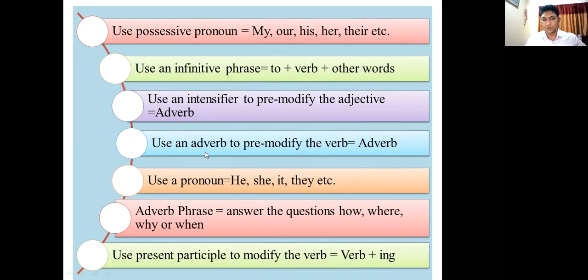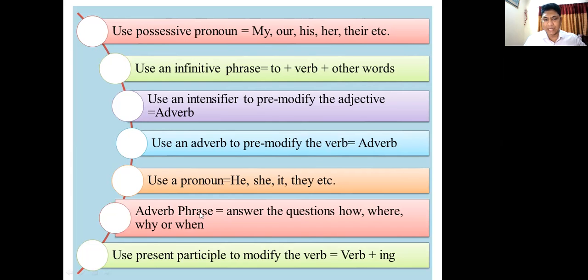If you are asked to use an adverb, in such cases, you have to use adverb. If you are asked to use a pronoun, you have to use appropriate pronoun according to the subject, according to the proper noun.